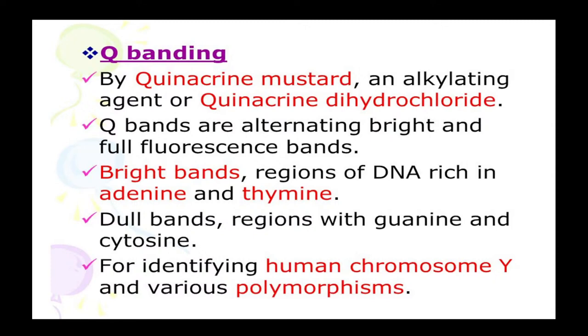Bright bands are regions of DNA rich in adenine and thymine. Dull bands are regions with guanine and cytosine. This banding is used for identifying the human chromosome Y and various polymorphisms.